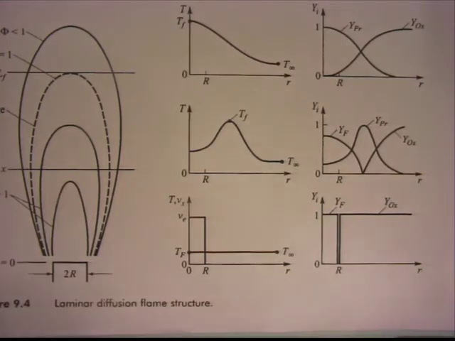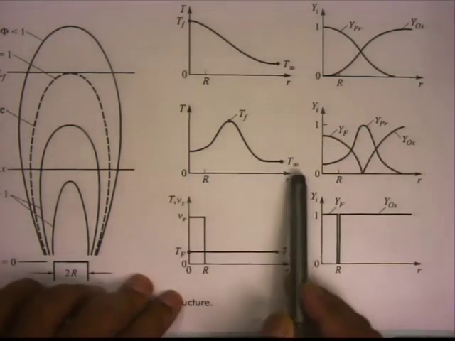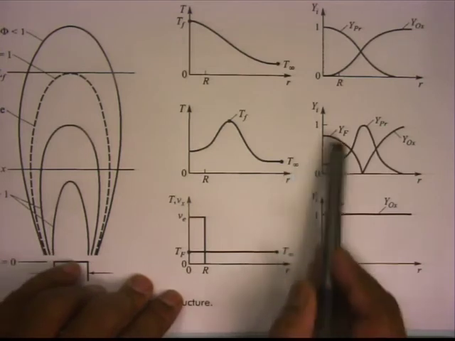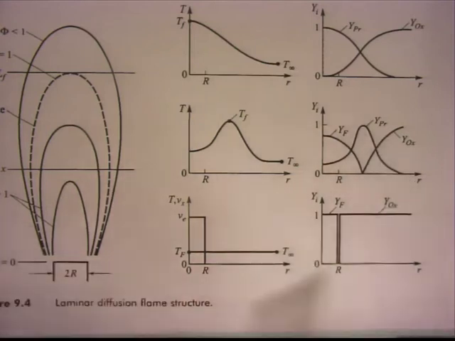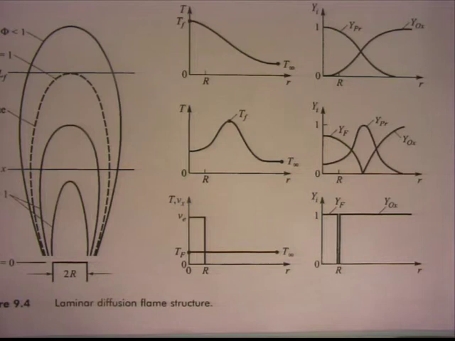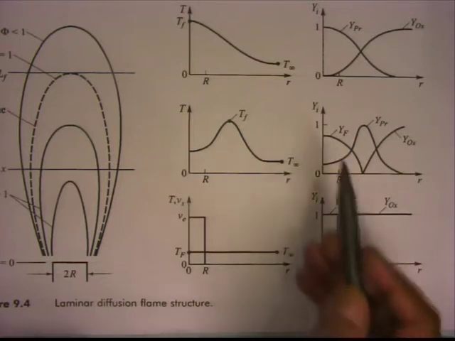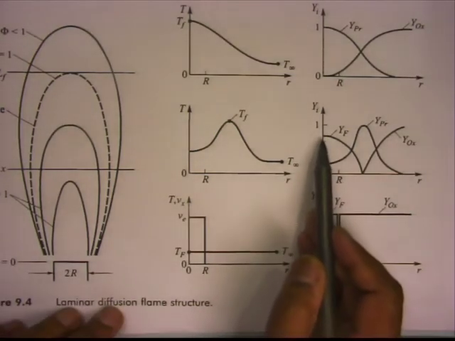Now, let us see what happens if you go to an intermediate height. So, this is the YF profile, this is the Y oxidizer profile, and this is the Y product profile. Okay. So, the question is, do we understand this? What about YF? If you follow where my pen is, this is the value.